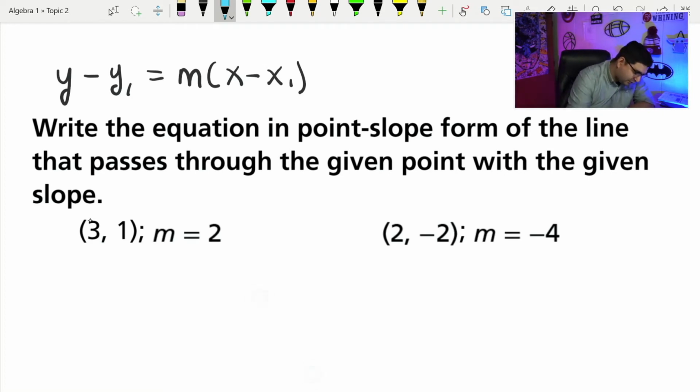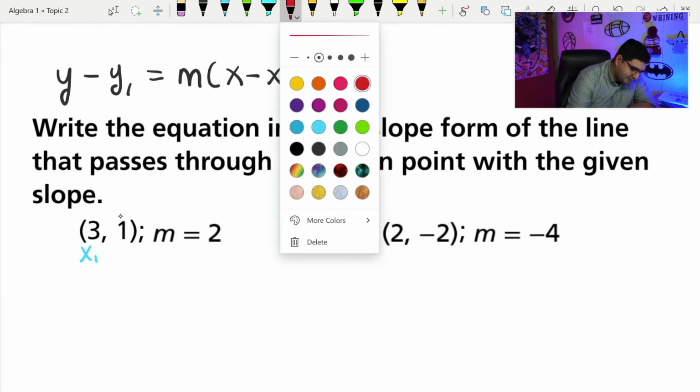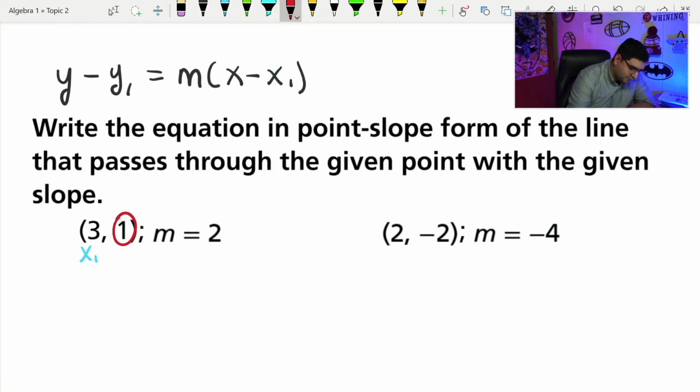Where the first number, for example here I have 3, 1. 3 is my x value, so this would be x1. 1 is my y value, so this would be y1. And m they have labeled for us as 2. So now we're just going to plug this x1, this y1, and this m into our formula.